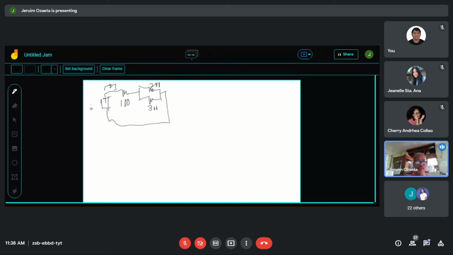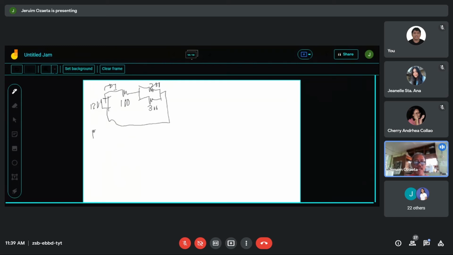If this is 12 volts, the 12 volts will divide between the 100 ohms and the combination of 200 and 300 ohms. So first we determine the actual resistance that will be the result of the 200 and 300 ohms.